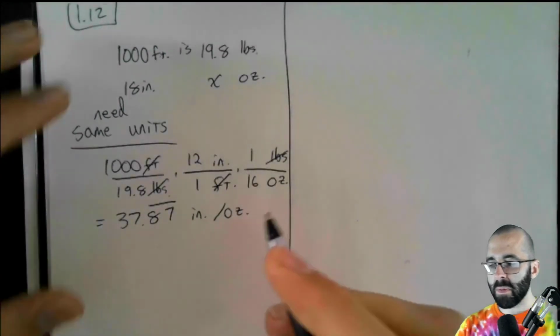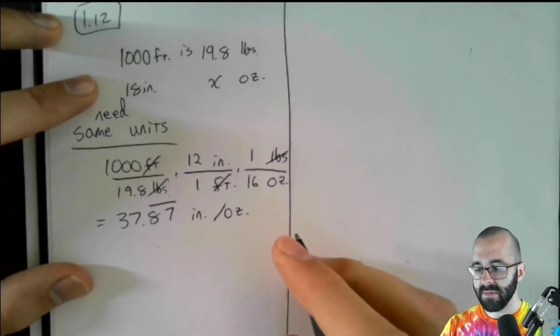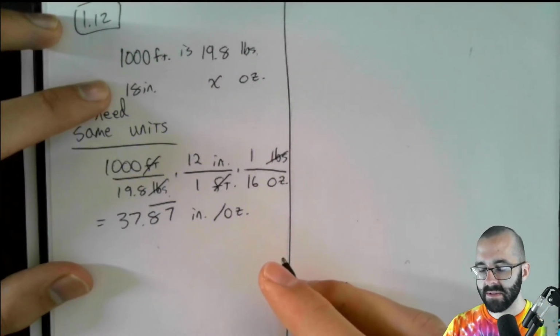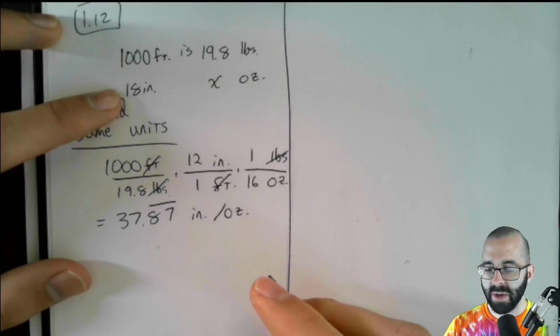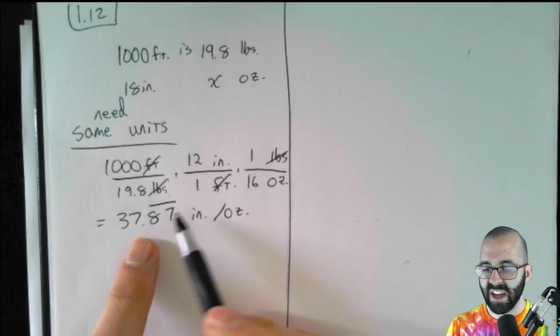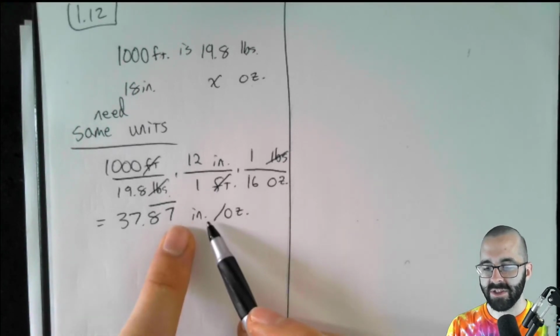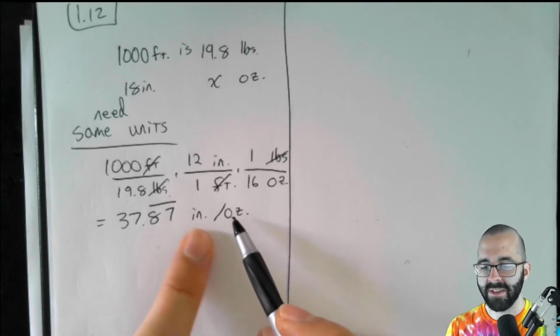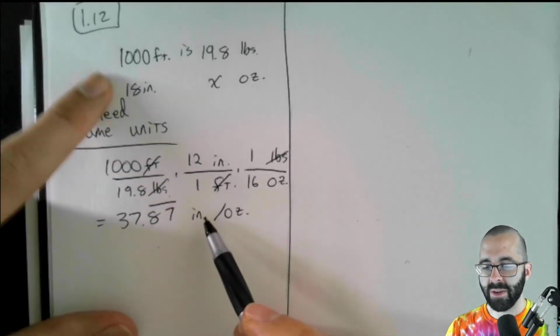So now we can set up our proportion. Again, there are a lot of different ways, but actually flipping this to ounces per inch is probably more useful.